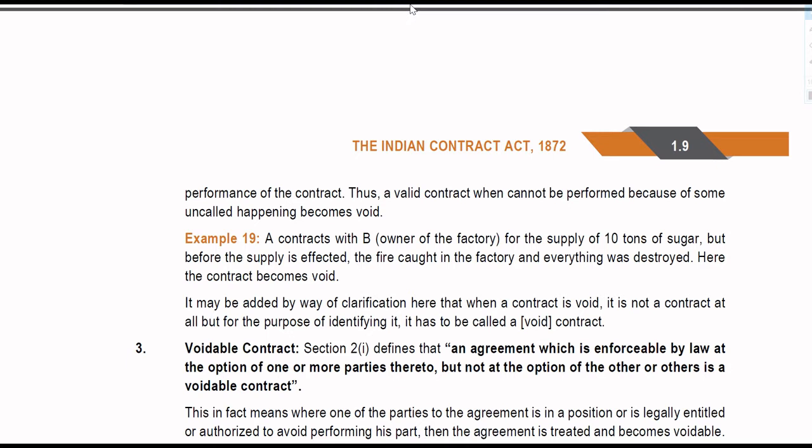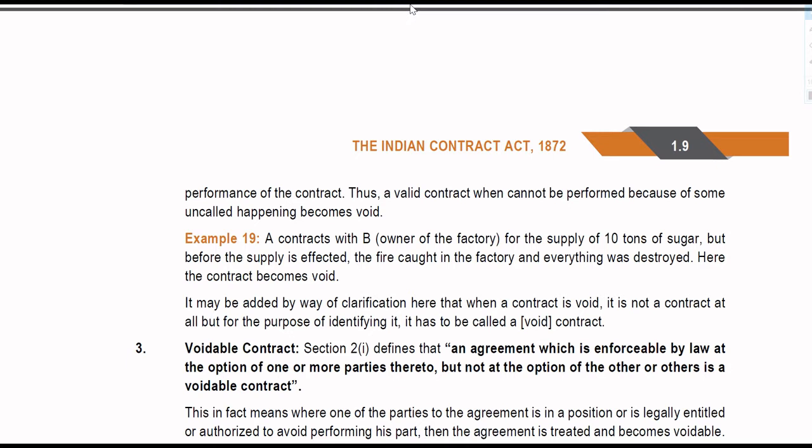One person has agreed to sell his horse to another person for 20,000 after 15 days. But within the 15 days, after the seventh day, the horse died. So the contract lapses because of an unforeseen condition, and this becomes a void contract.